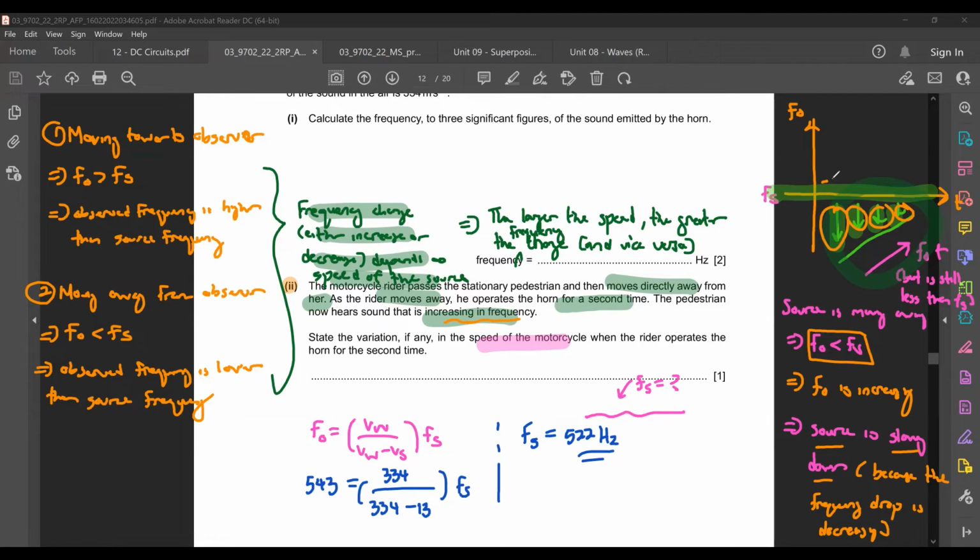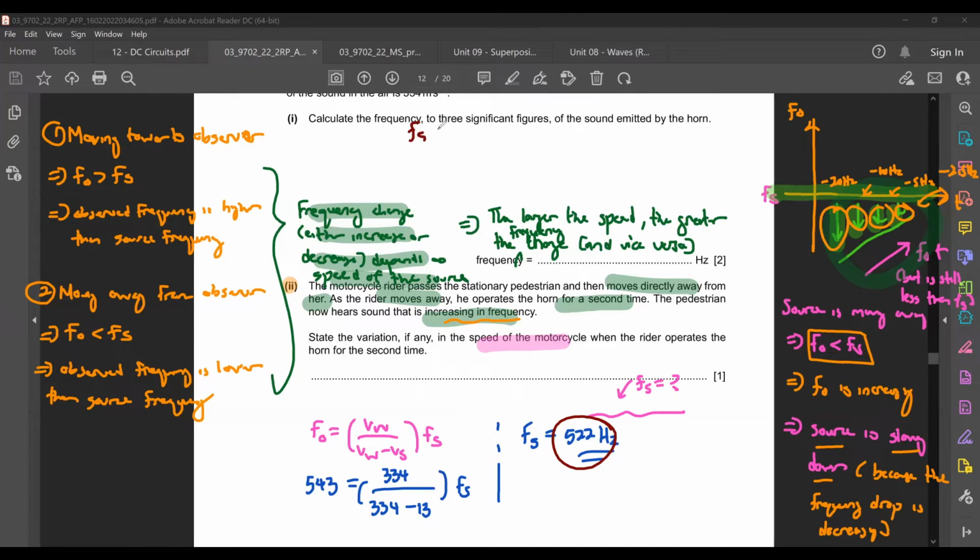Maybe this one drops 20 hertz. This one drops minus 10 hertz. This one drops minus 5 hertz. This one drops negative 2.5 hertz. So this is what we mean by the frequency drop. But even if you look at the frequency drop like that, let's just say I give you the frequency of your source just now as 552. Okay, this one was 552, right?